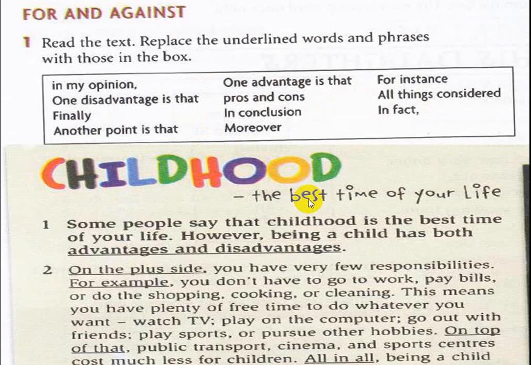Childhood, the best time of your life. This reading is about childhood. First paragraph. Some people say that childhood is the best time of your life. However, being a child has both advantages and disadvantages, meaning positives and negatives.